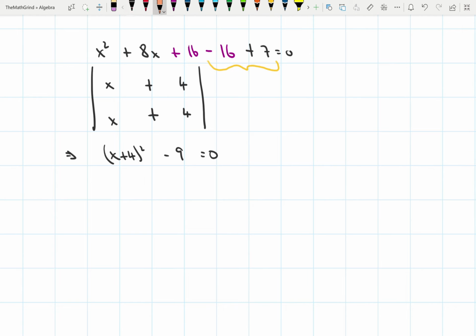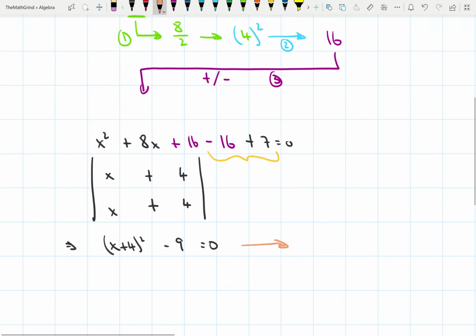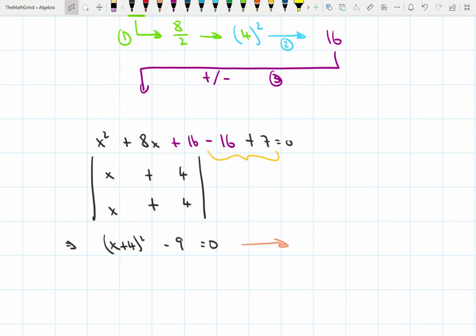and the side note is that using these values now, we can find out what the vertex is. So the vertex is, you always take the value that's in the brackets beside the x and you change the sign of it, so it's going to be negative 4, and you always take the value that's outside the bracket, you don't change its sign, you leave it as it is, so minus 4, minus 9.